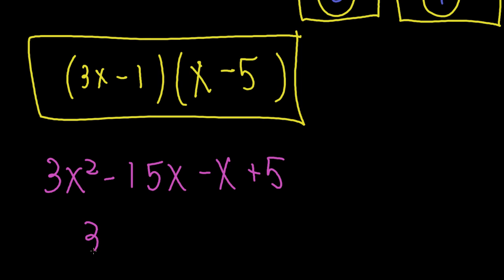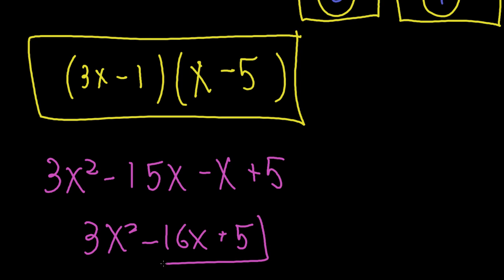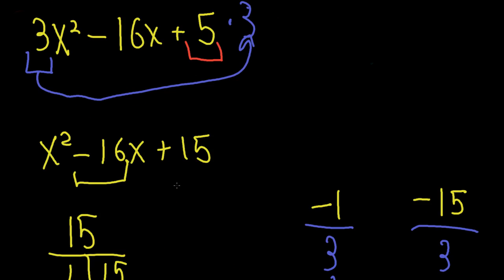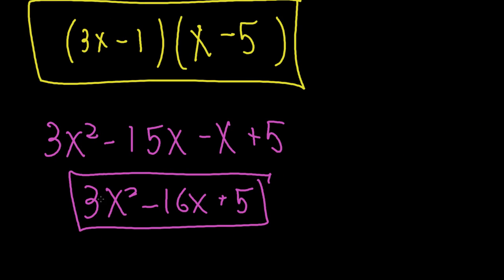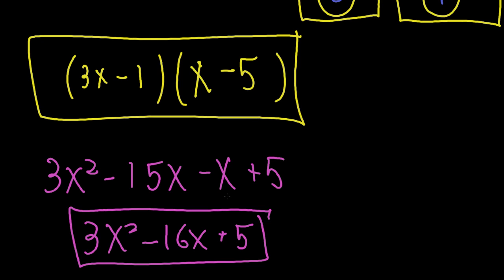I'll combine like terms and get 3x squared minus 16x plus 5. Notice this is the same equation that we started with, 3x squared minus 16x plus 5. So that is how I know that this is my correct answer.